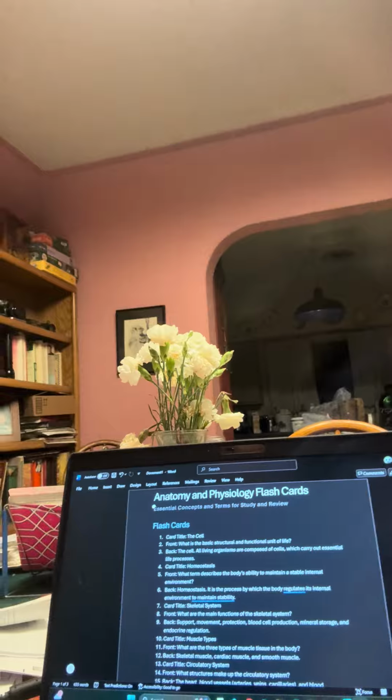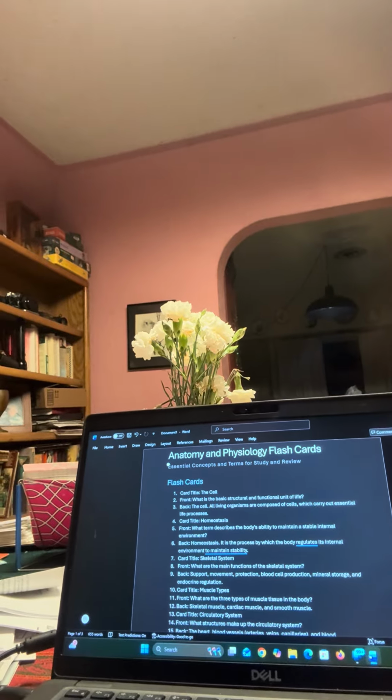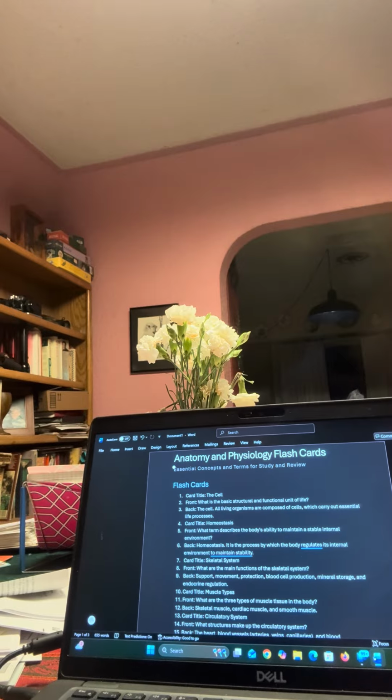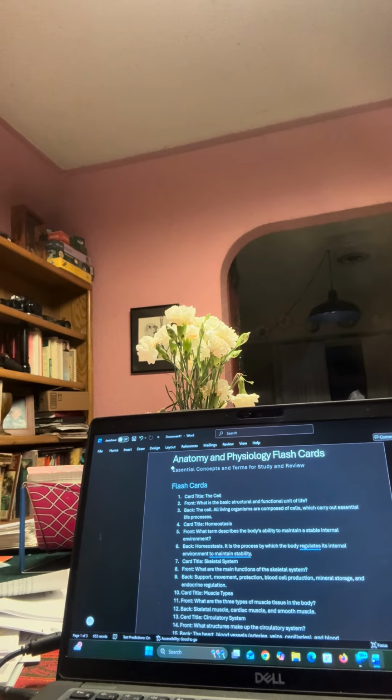So when I'm creating my own flashcards, sometimes I might do something like this part using Microsoft Word. And Microsoft Word creates a generalized flashcard. It's like the number 1. What is the cell? Well, the cell is the basic unit of life, and it's a structural functional unit.